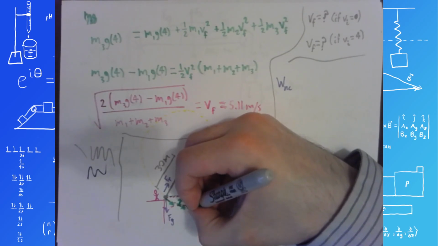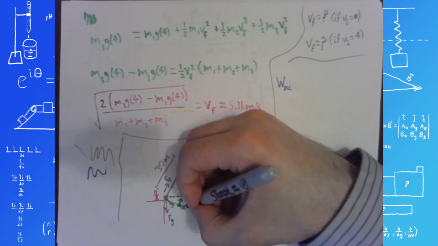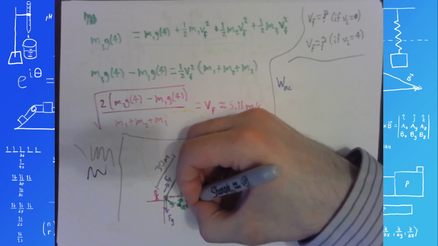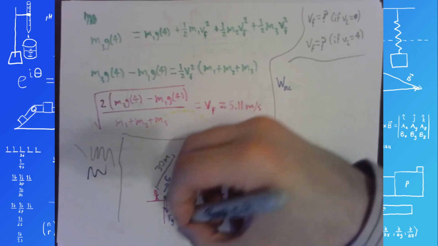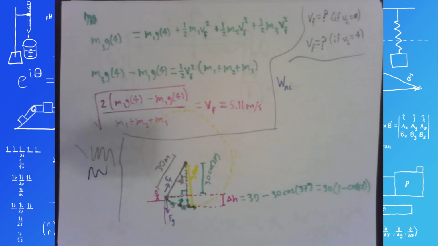And when he's at the very bottom, the direction of his displacement for a split second is going to be straight to the right, while the tension force on him is going to be straight up. So you can see, if you keep on drawing these at other points along this circular arc, you see that the direction of his displacement at any moment in time is going to be perpendicular to the direction of the tension force acting on him.